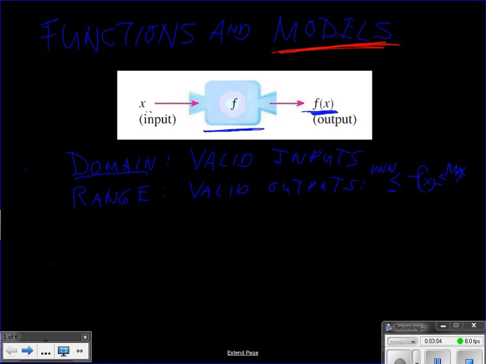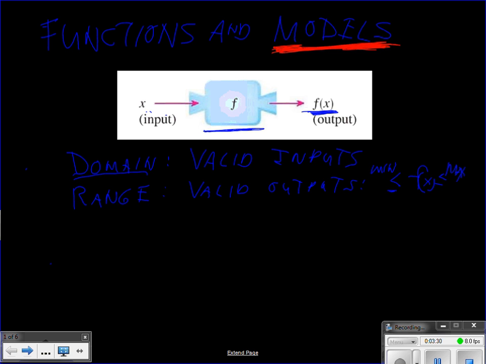Our models might be good. They might be very accurate in representing the physics of the problem, or they might be very bad. There might be some research done to try to improve these models. So you'll see in a function, once again, there's an input into the function and you get an output.